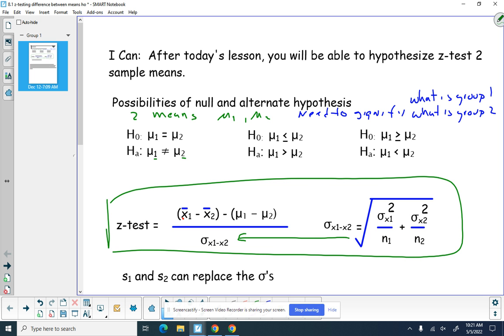It's a surprise every time I open it up because I don't remember. I'll remember this for a little bit of time now because we're going to do it a few times. But leading into today, if you would have asked me how do you calculate your test value for two means, I would have said, I'm not quite sure.